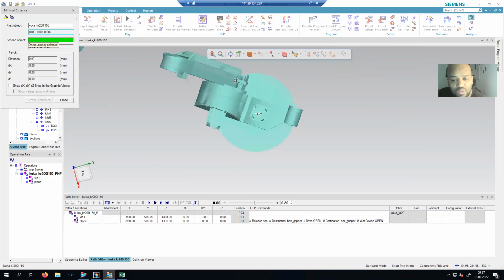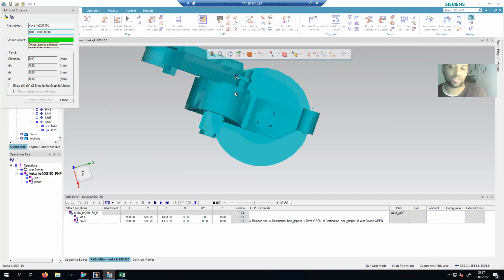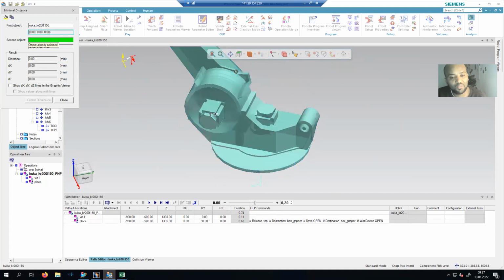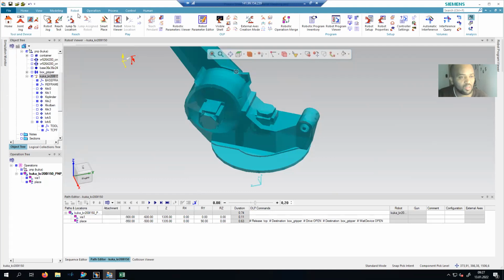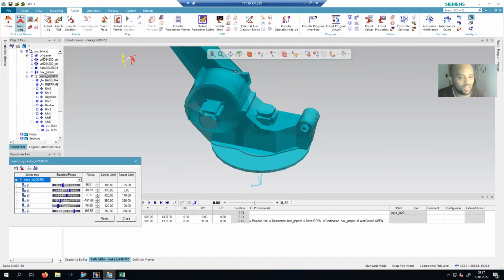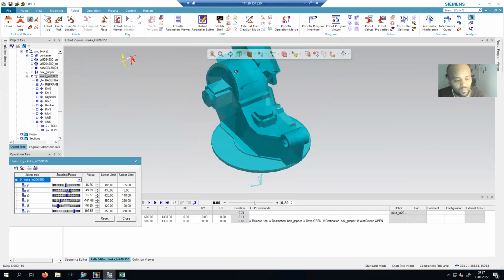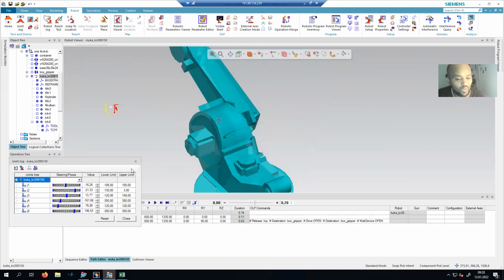Anyhow, there is an offset between this and this. Then we have theta, which is the joint angle of the rotation. These are thetas. And we have joint offset.